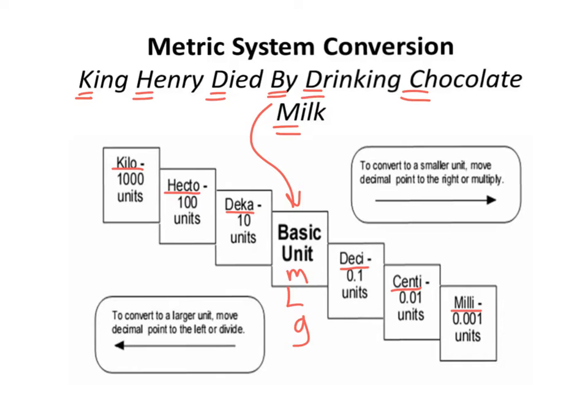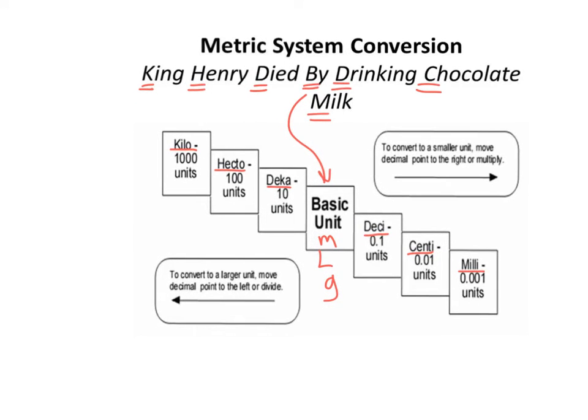So for example, centi, we could have centimeters for a distance, centiliters for a capacity, centigrams as a mass. And these are actually kind of backwards from what you might think of. Kilo is actually the biggest unit.